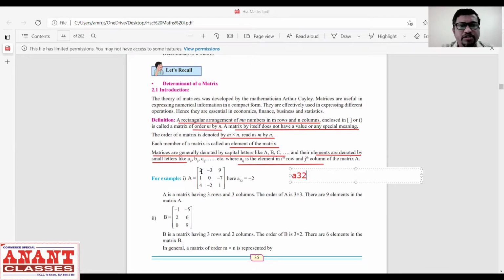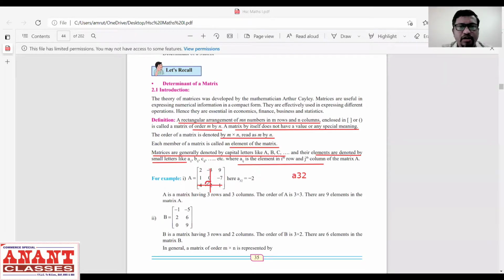All these are the elements. Which elements? 2, 1, 4, -3, 0, -2, 9, -7, 1. These are called elements. Now a_32, third row and second column. We should go for the third row. This is the third row, and this is the second column.